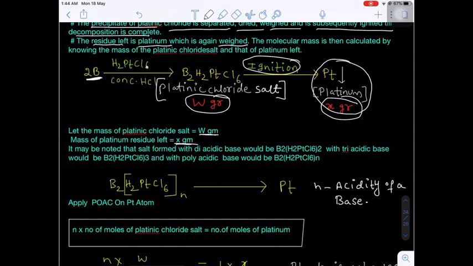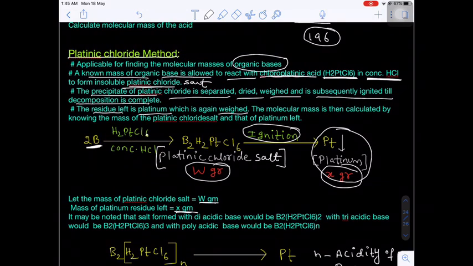Now remember, the base may be a monoacidic base, diacidic base, or triacidic base. We don't know how many H plus ions it can accept, or how many OH minus ions it can donate, or how many lone pairs of electrons it may have. In organic chemistry, especially in GOC, we know the basic nature of organic compounds, especially amines.